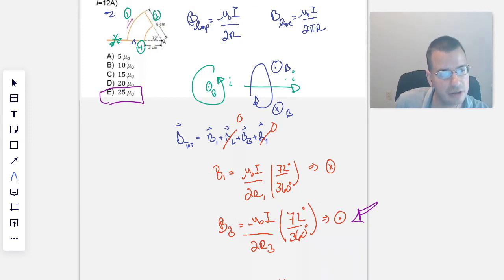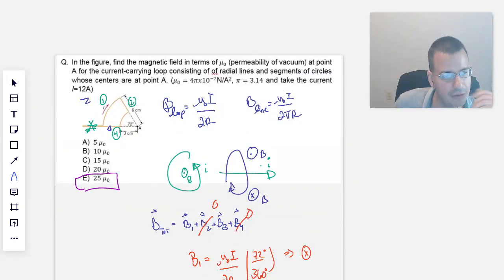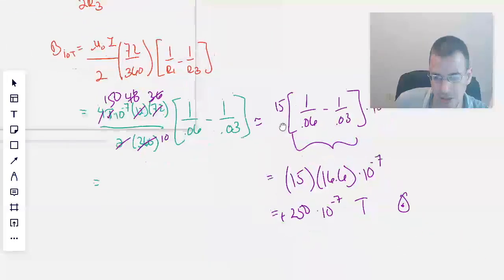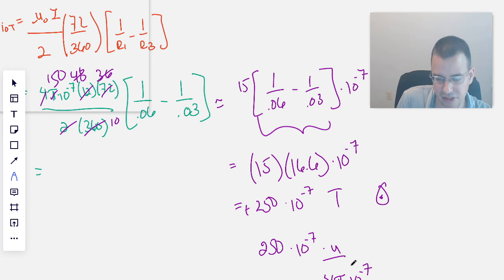25. Oh, they solved it in terms of mu naught. Okay. So let's see, 250 times 10 to the negative 7th times mu naught over 4 pi times 10 to the negative 7th. 4 pi is 12, which is the same as 25.